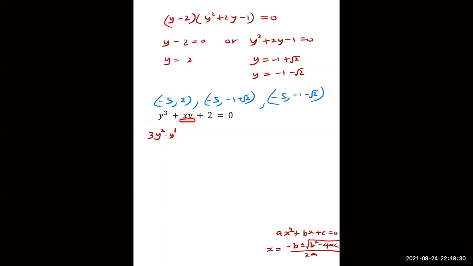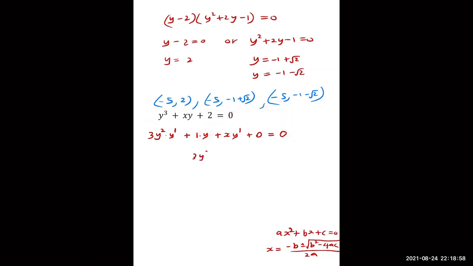And to get the derivative here, I'm going to apply the product rule. So the derivative of x, which is 1, times y, plus you leave x fixed and take the derivative of y, which is y prime, plus the derivative of 2 is 0, is equal to the derivative of the right hand side, which is 0 again. Now I can pull out a y prime from these two terms and send this term to the other side.